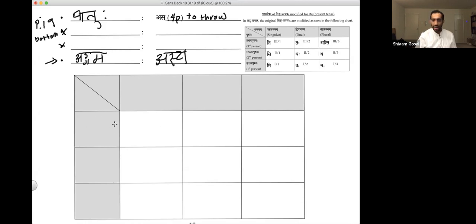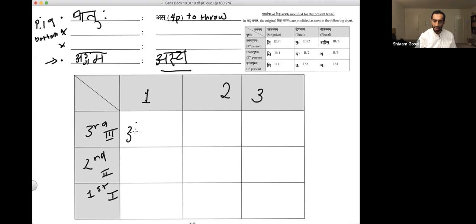Now I'm going to go through the chart and conjugate. This is third, second, first. This is singular, this is dual, this is plural. Now I have asya, and I'm adding, look at the top right, ti. Asya plus ti.